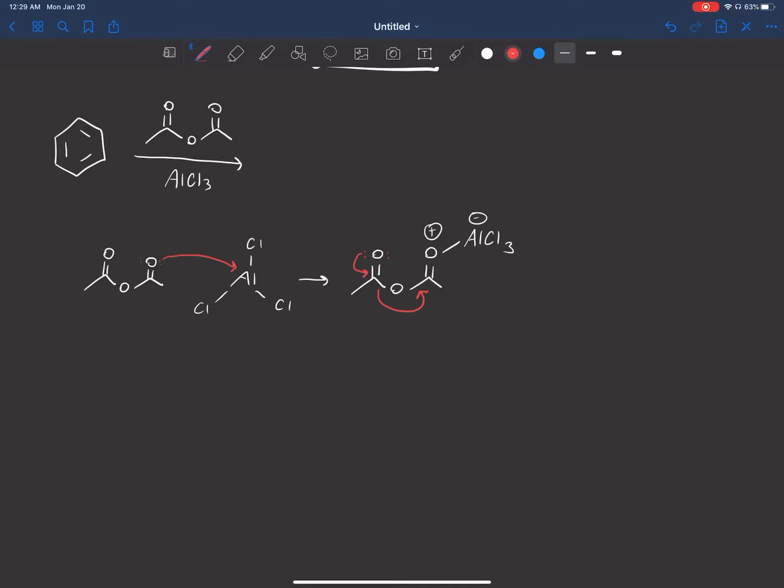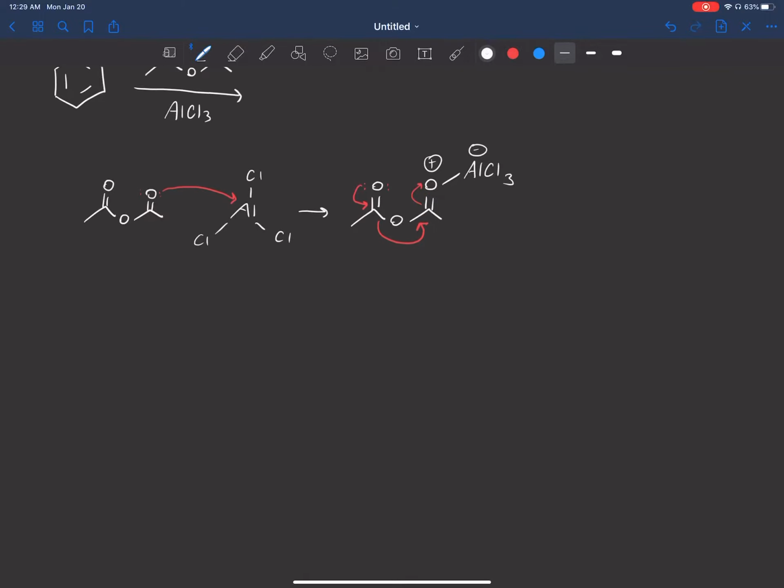This forms a double bond right here. But again, we need to keep the octet rule, so we have to resonate this double bond up. So what we did is we broke this bond right here and resonated a lone pair down, forming a triple bond.